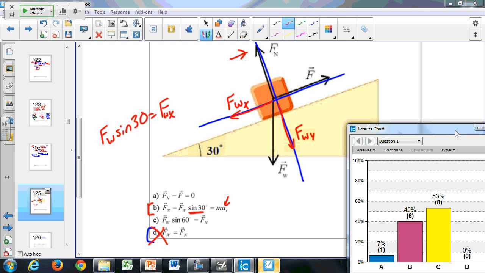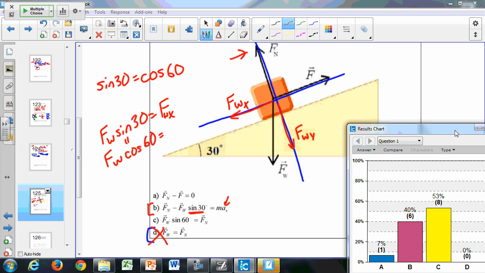I'll remind you that sine of 30 is equal to cosine of 60, so this would be the same as writing FW cosine of 60. These two are equal to one another. So whenever you're finding your x and y components, you have to be careful, because you're not using this angle. If you're using the cosine for your x component and your sine for your y component, as I recommend you do, it makes it a little easier. But instead we're using 90 minus this angle. So in this case, if we're finding our x component, it would be FW cosine 60.